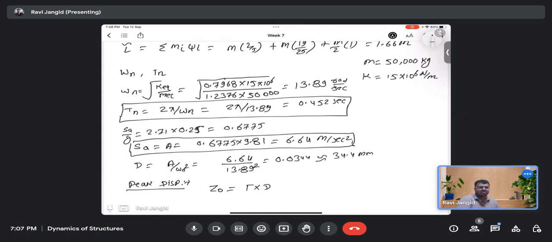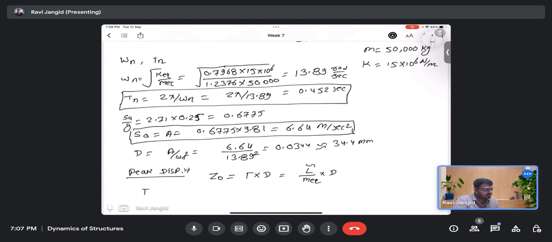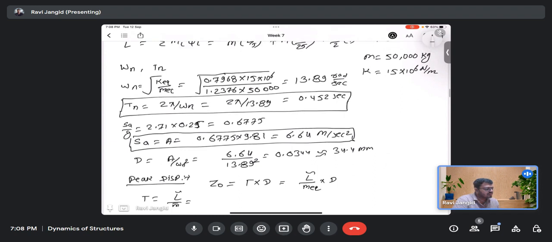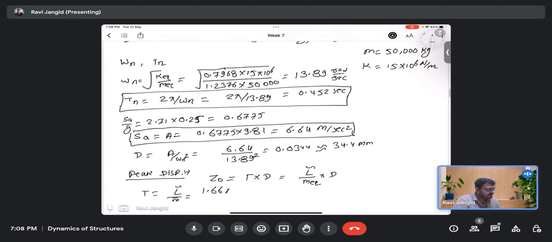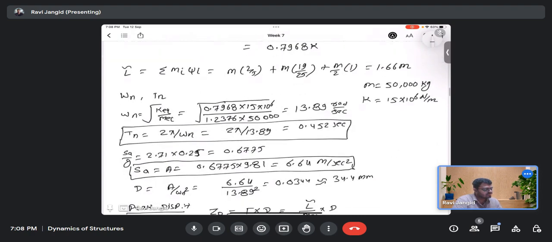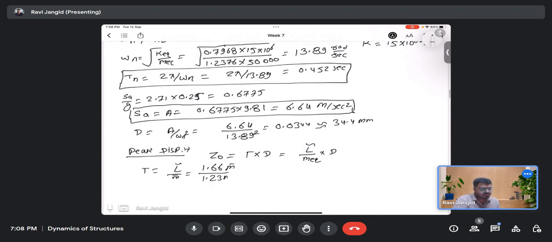Do you remember? Yes. Okay, and that gamma is given by the load factor divided by the m equivalent. So that gamma factor, let us first determine. The L factor we determined is 1.66 m, and the m equivalent, how much was that? That was 1.23. If we do that, it will be coming out to be 1.341.